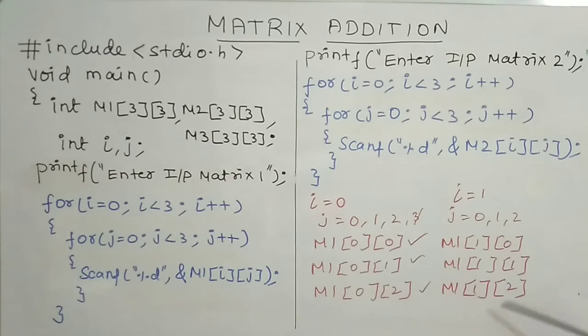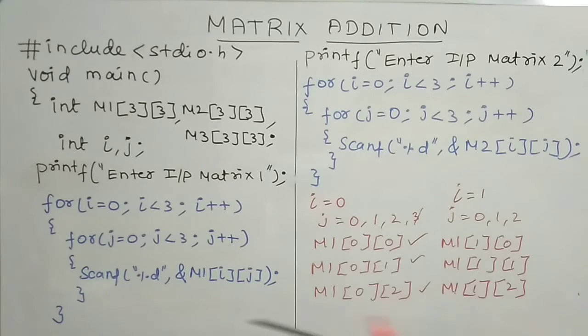These 3 elements are the elements in the second row, that is in index position 1, with the 3 column values. These 3 values are the values in the second row of this array M1.